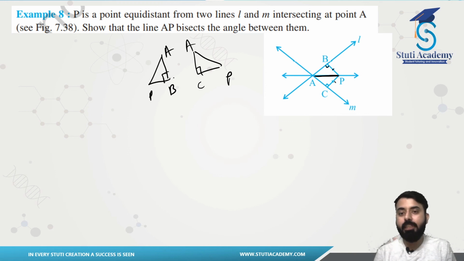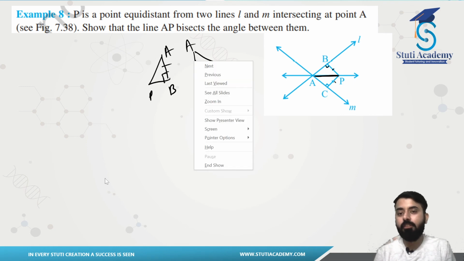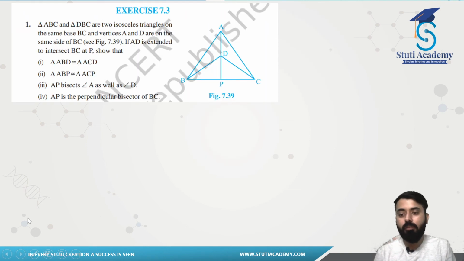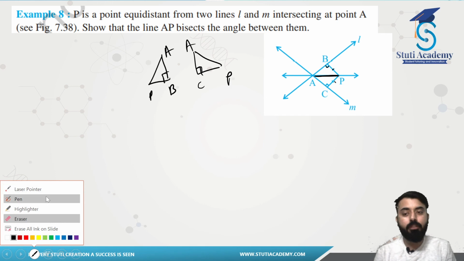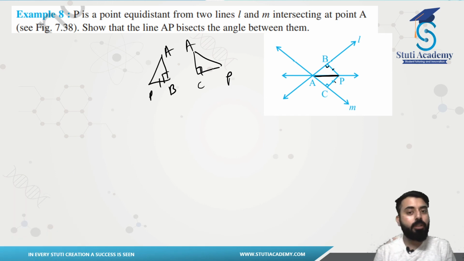You guys see 90 and 90. Sorry, this side is not equal, actually the equal side is this. BP is equal to CP, and you guys see I can see AP is common in both. So right angle, hypotenuse and side.